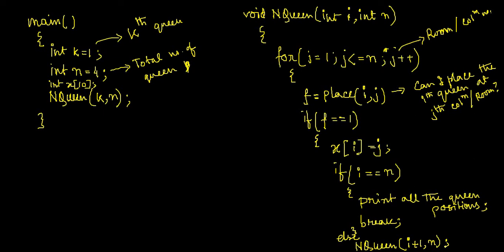For example, you have placed the second queen, and after placing successfully, the king will try to place the third queen. And then obviously I'll have a closing bracket over here. This bracket represents this one, and I'll have a bracket for this for loop also, and for n-queen also. So I'll have 2 more brackets.